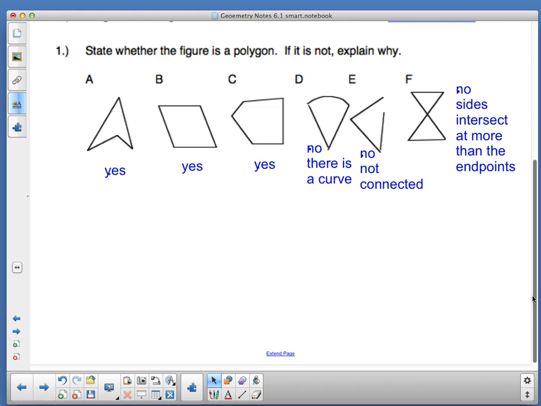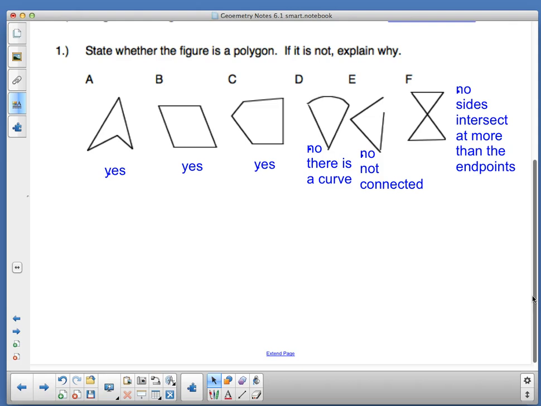Identification of sides. Naming the sides of polygons with triangle, quadrilateral, pentagon, hexagon, heptagon, octagon, nonagon, decagon, hendecagon, dodecagon, all 3rd, 4th, 5th grade. Okay?